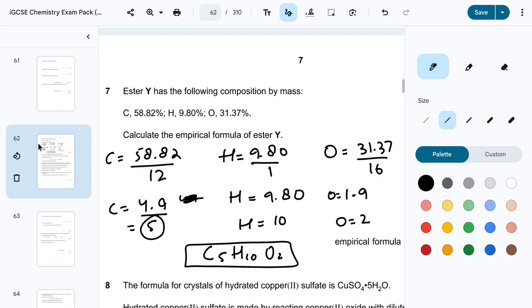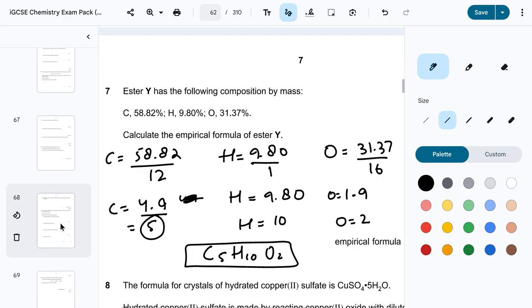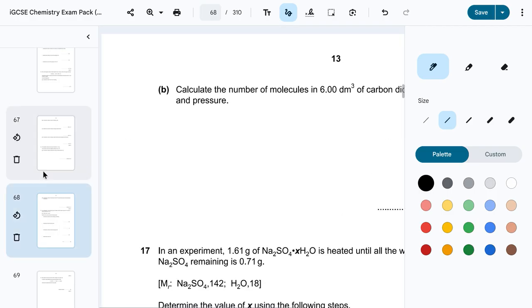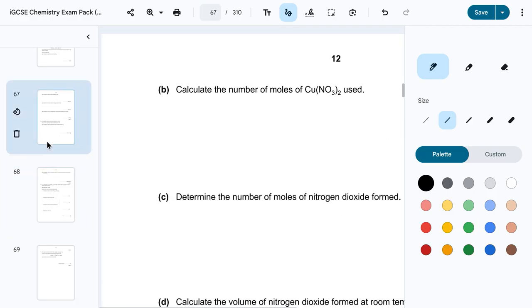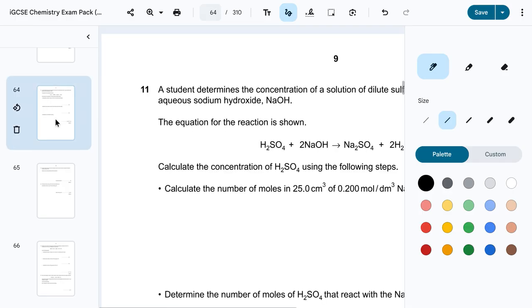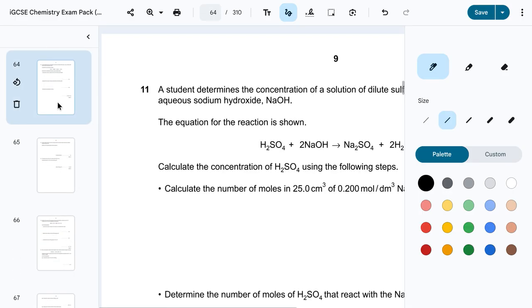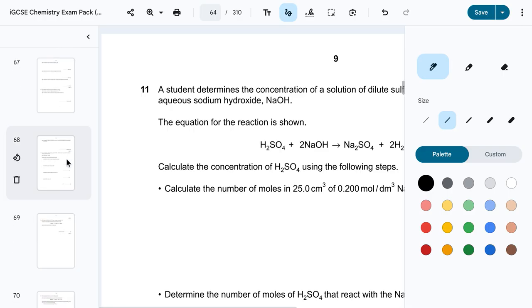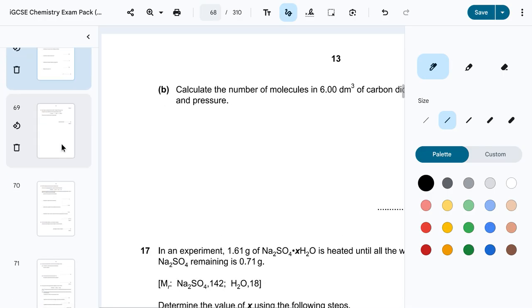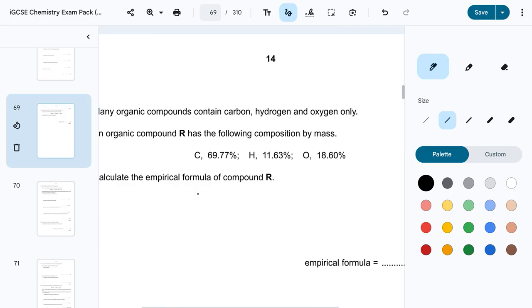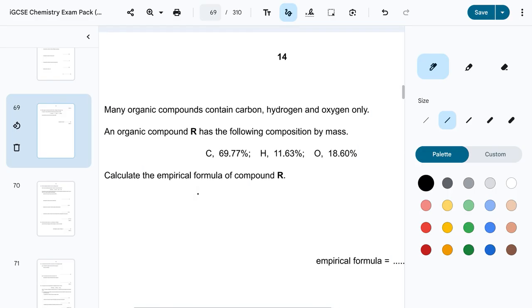Now the last question for the empirical formula. Here we have another question.